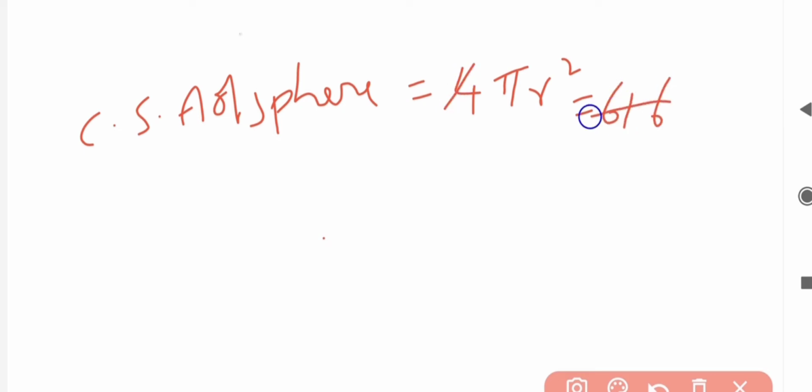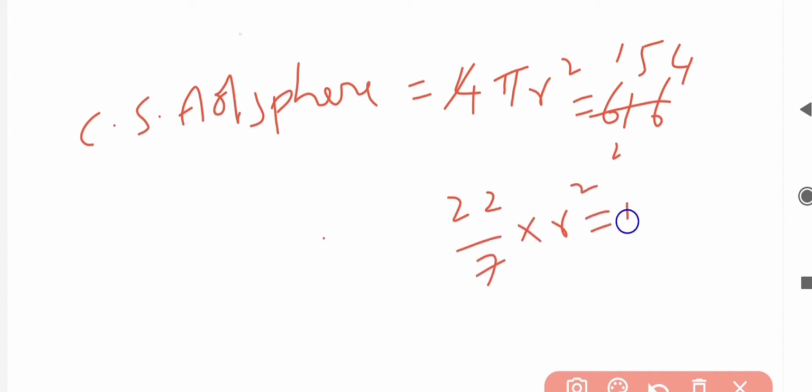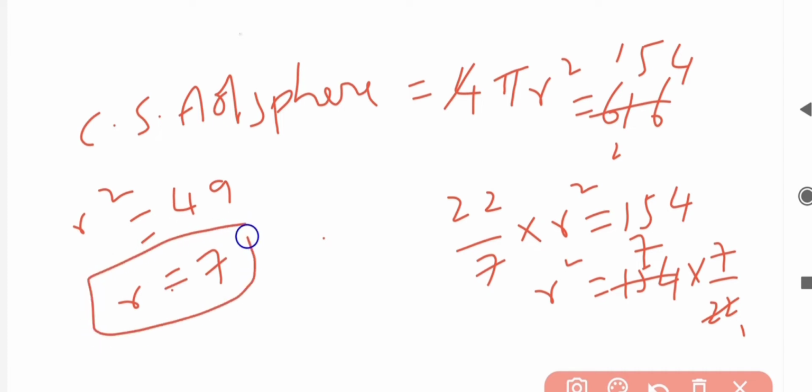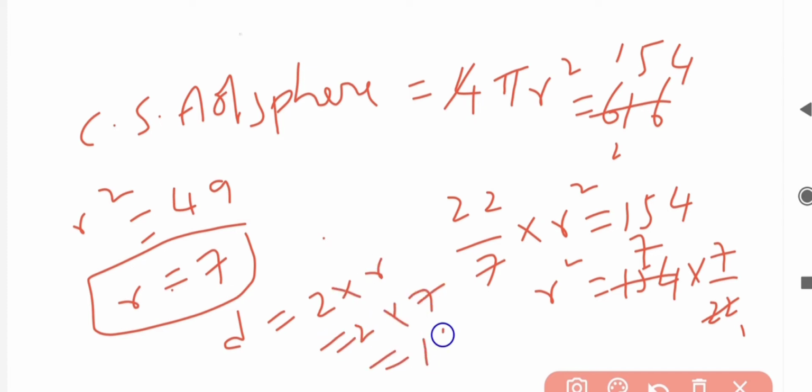So 4 ones are 4, remaining 2, 4 5s are 4 4s are 154. So pi means 22 by 7, into r square equals 154. So r square equals 154 into 7 by 22. 22 ones are 22, 22 sevens are 154. So r square equals 49. Then r equals 7. But I want the diameter here. So diameter is 2 times the radius. So 2 into 7, diameter is 14.